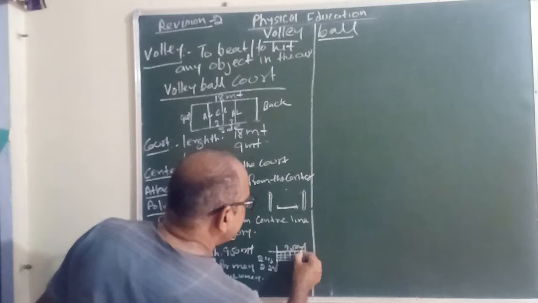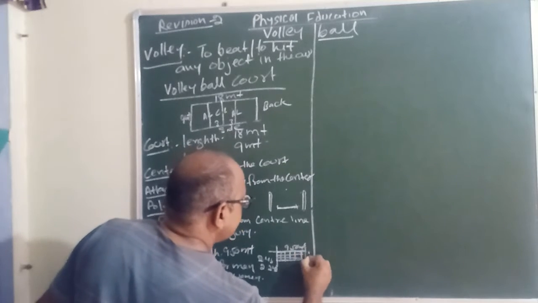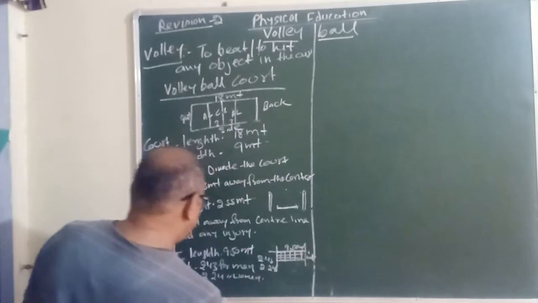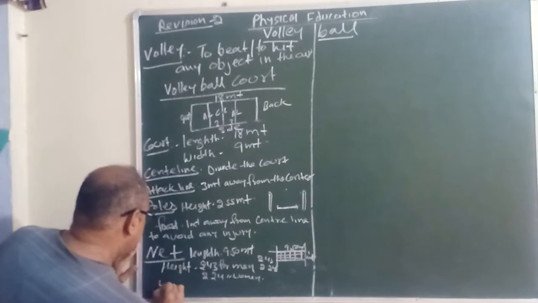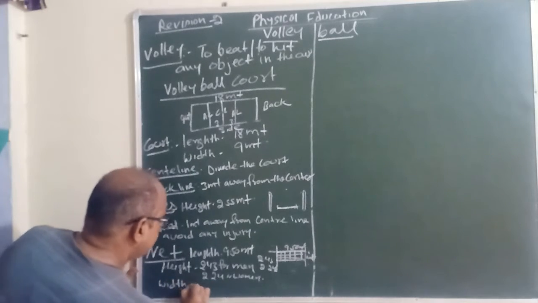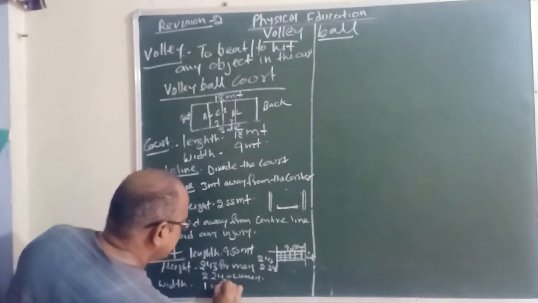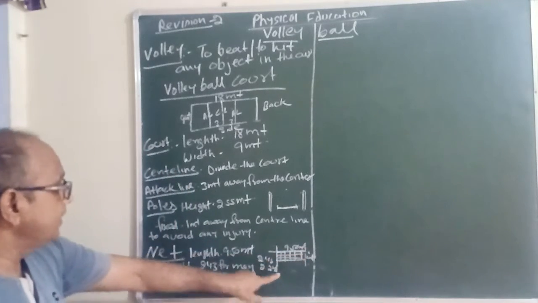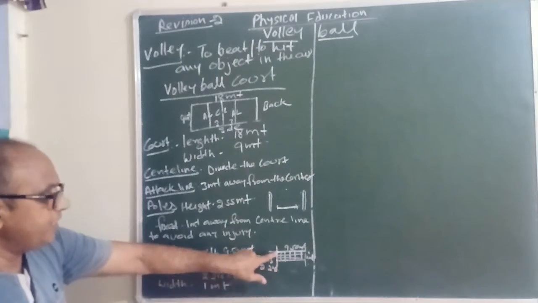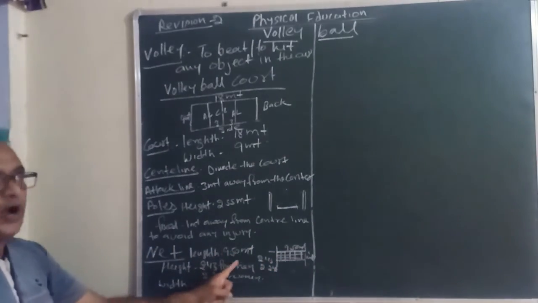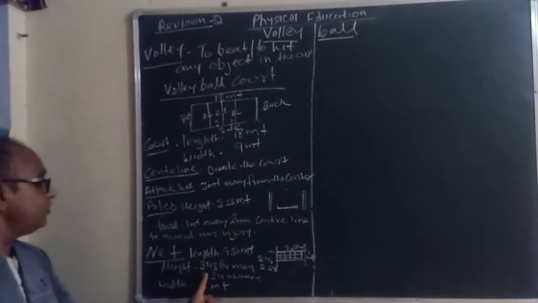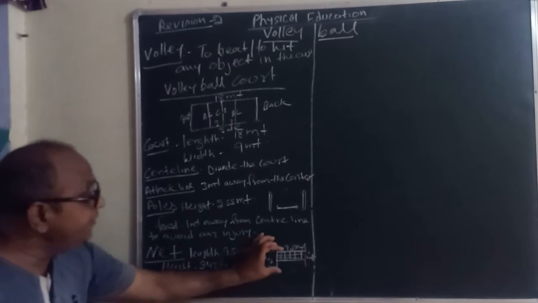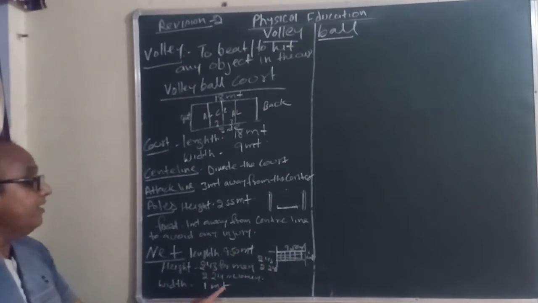And what about width? It will be 1 meter. It is your length, and it is your height parallel to the ground, for men 2.43 and for women 2.24, and width of the net will be 1 meter.